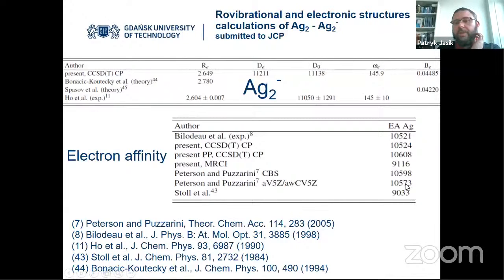Here is also the electron affinity of the silver atom, and you can see that, because it was one of our aims to reproduce this value, we are very close to the experimental result.